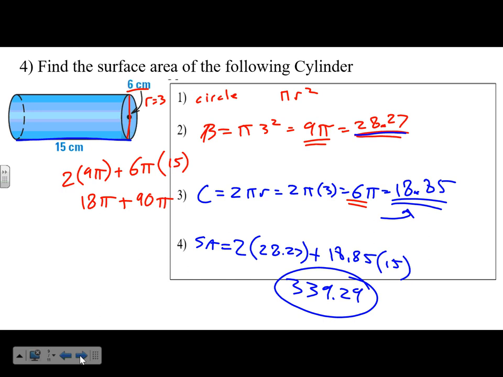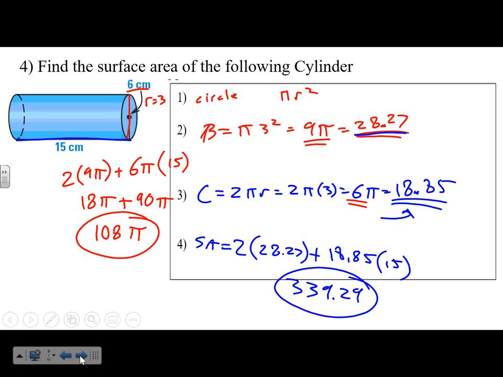Then you can add those together: 18 plus 90 is 108 pi. So you could find it in terms of pi if you wanted to. I just think it's a little bit easier to use things we're comfortable with. I just wanted to check. Yeah, same answer. I was just double checking.